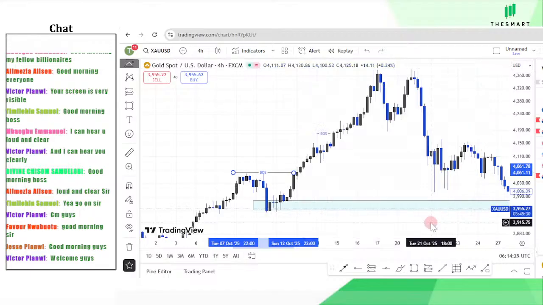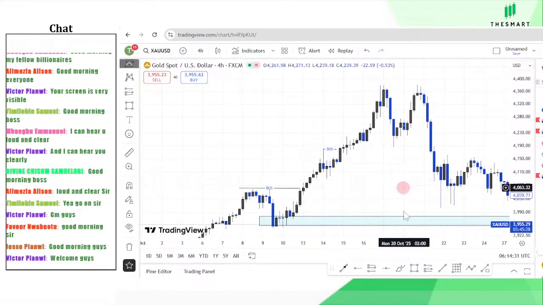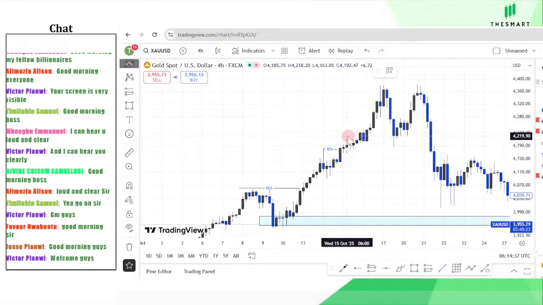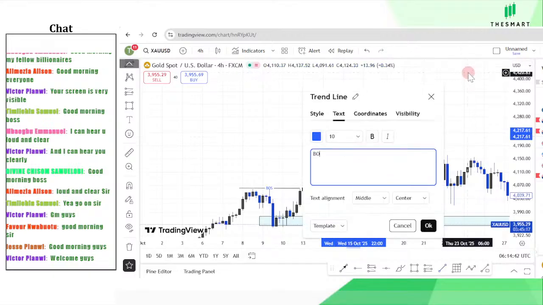Another break of structure on 4 hours. Then we have the last one here. So this is the last break of structure on 4 hours.